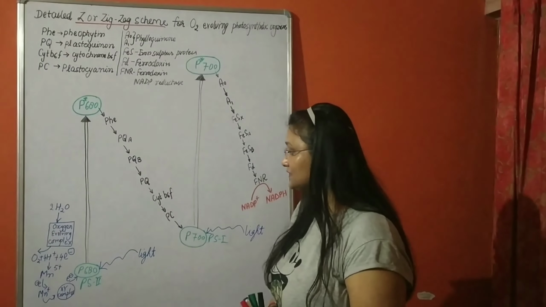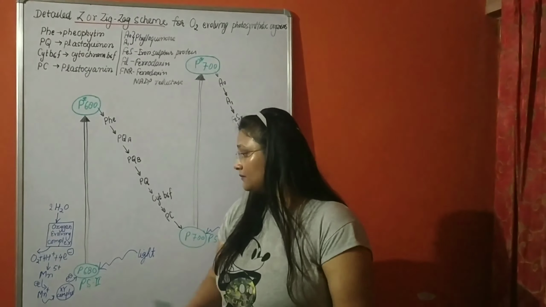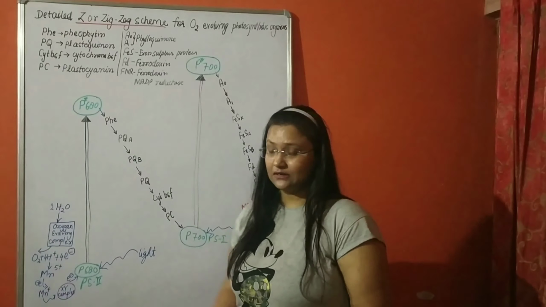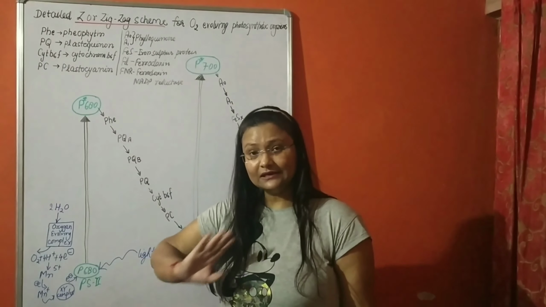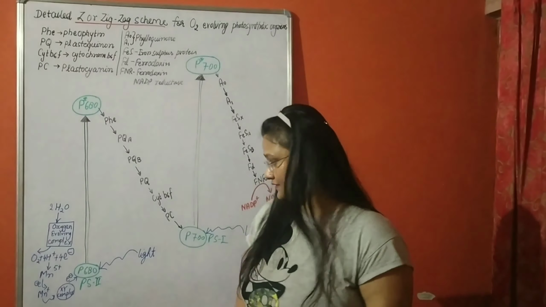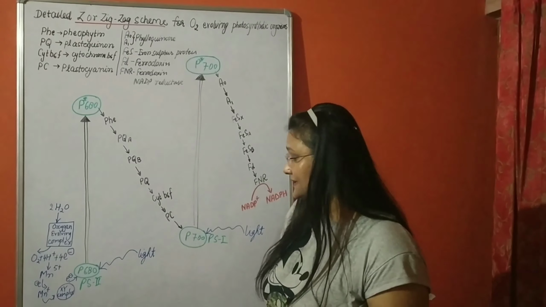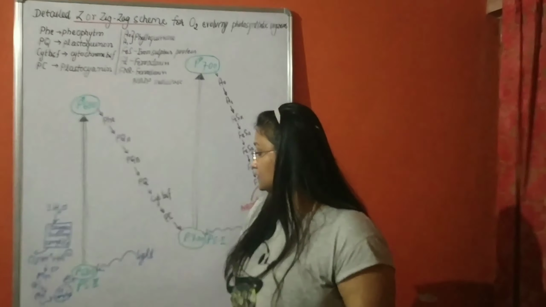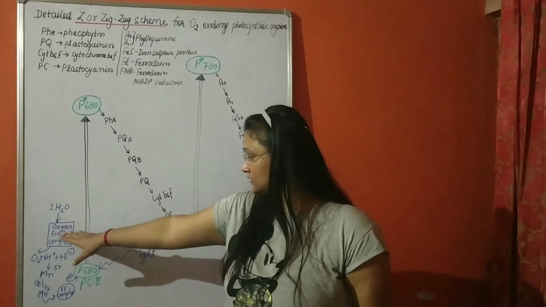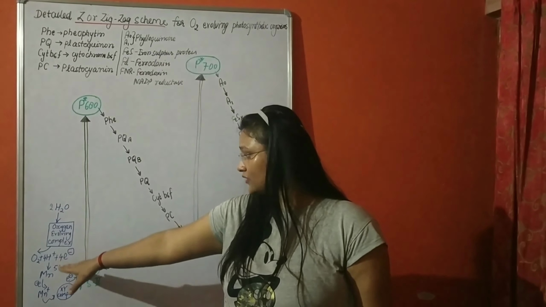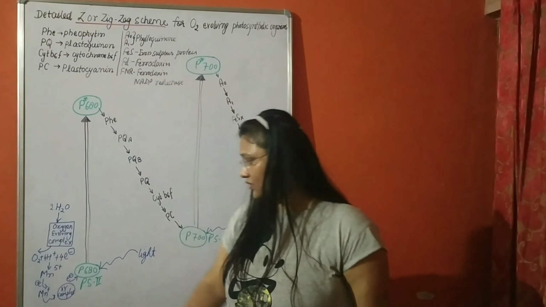So let me tell you what happens in the oxygen-evolving complex. Here the manganese ion is very important. Manganese is in a 5+ state, like it has lost 5 electrons, that's why it has the 5+ oxidation state. As soon as light is captured and water is split by the oxygen-evolving complex, we get 4H+ and 4 electrons.